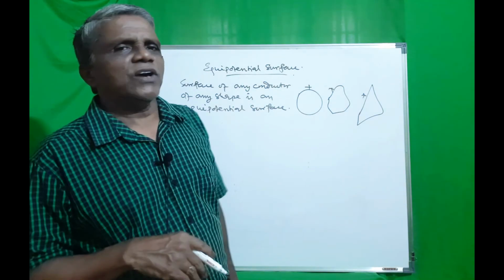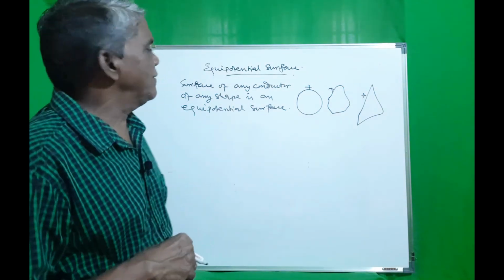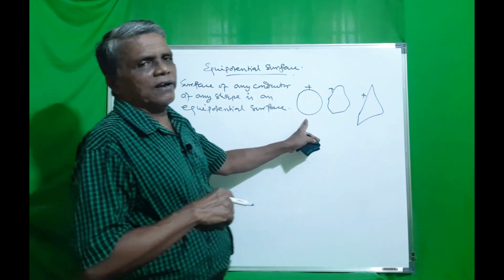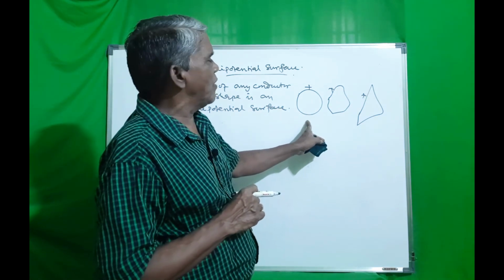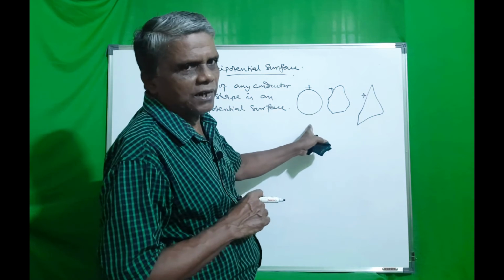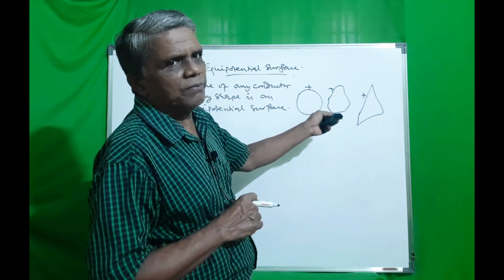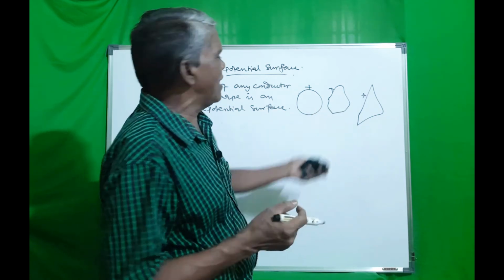If potentials were not the same, what would happen? Electrons would have moved from low potential to high potential, making the potential everywhere the same at an instant.